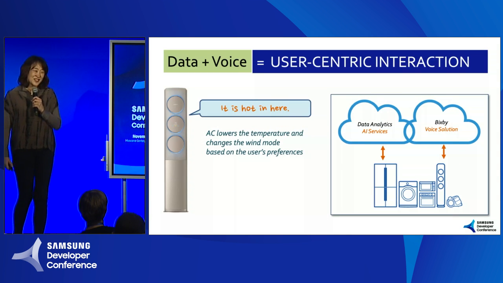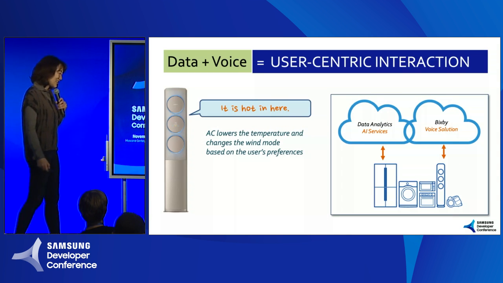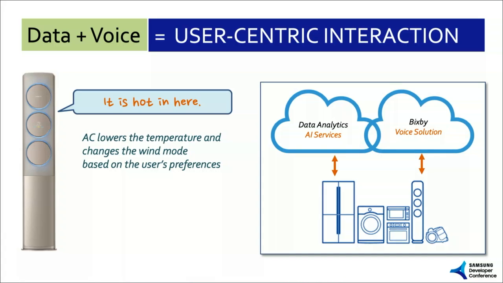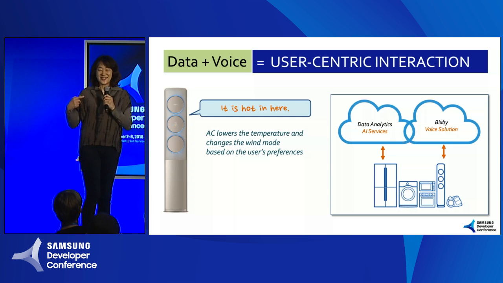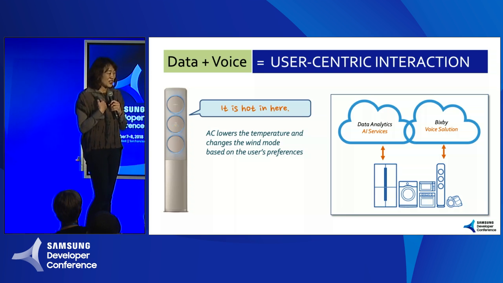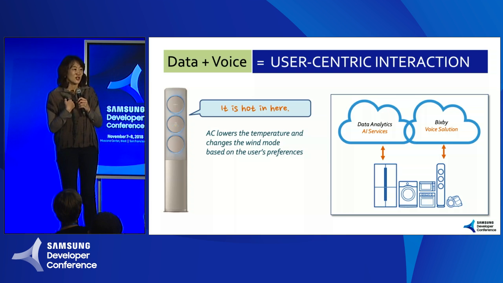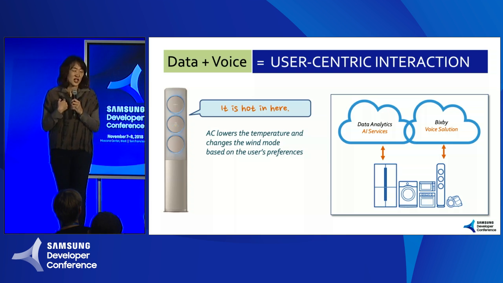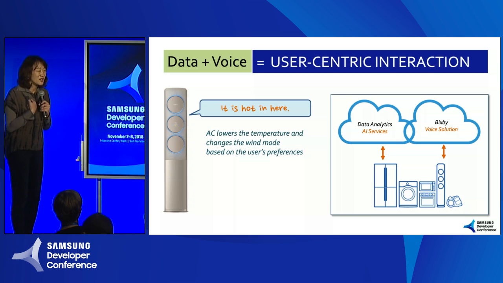But then how do I want to interact after that, right? It's not just the mode, I want this automatic mode. What's going to be really interesting is that I just want to interact with my air conditioner as if I'm interacting with somebody else, right? I just want to communicate how I'm feeling, meaning, it's just a little hot in here. I'm not telling the air conditioner to change to a certain mode or temperature. That's not what I want, right?